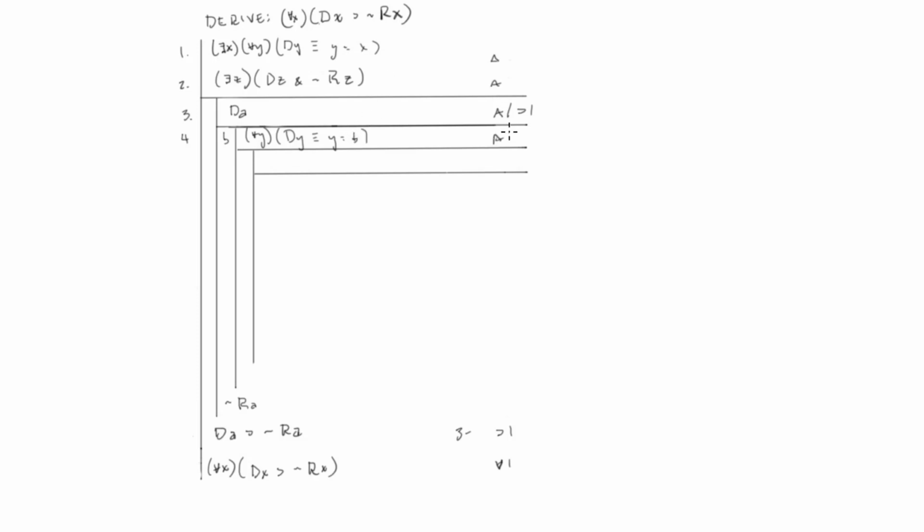That's an assumption, again, for existential elimination. And then on line 5, we'll start a subderivation with an instance of the existential on line 2. So dC ampersand tilde RC. That's an assumption, again, for existential elimination, this time on line 2.